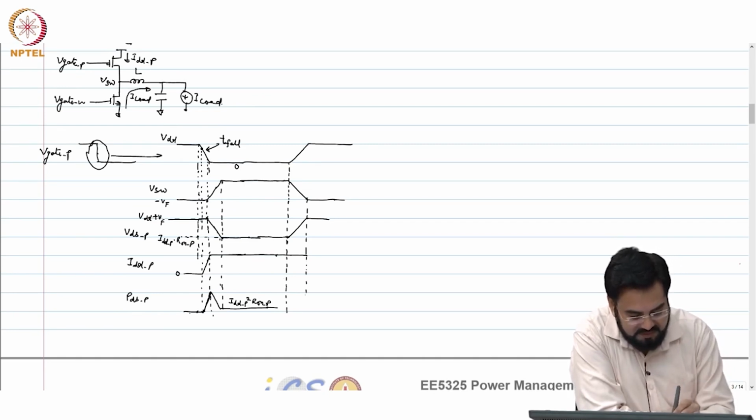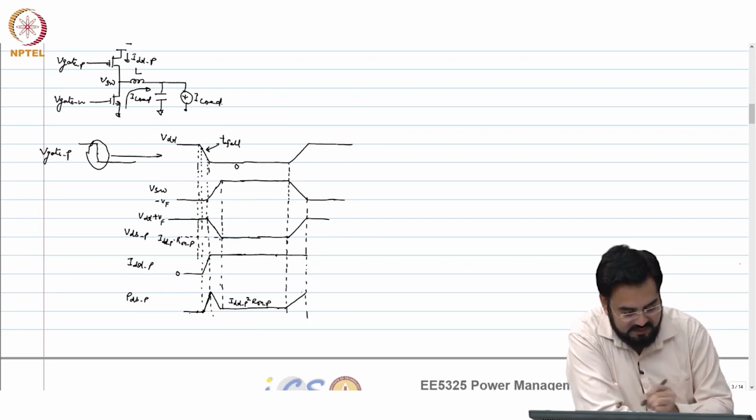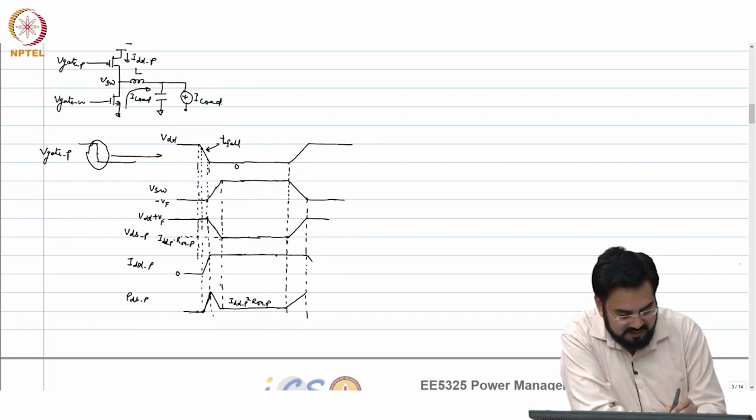Peak should be again same point, okay. Now, the current starts dropping.